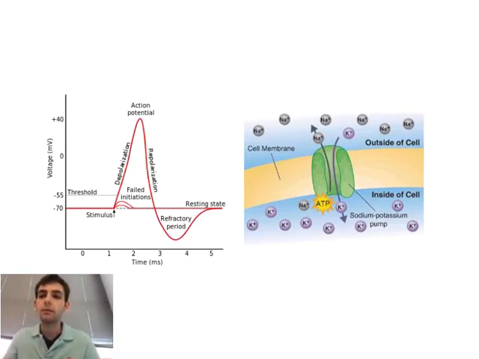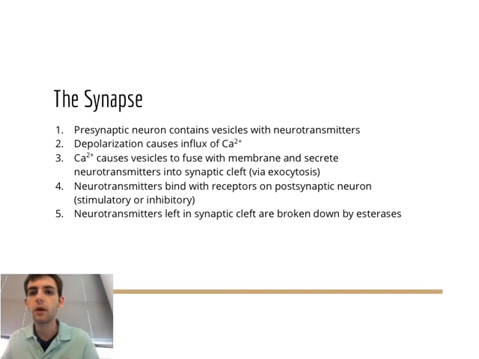This is an example of active transport because it uses energy to pump sodium against its concentration gradient. So it's continuously pumping 3 sodium out of the cell and 2 potassium inside. Then when those gated ion channels open, we'll have potassium and sodium flowing down their concentration gradients, leading to these action potentials that we're talking about.